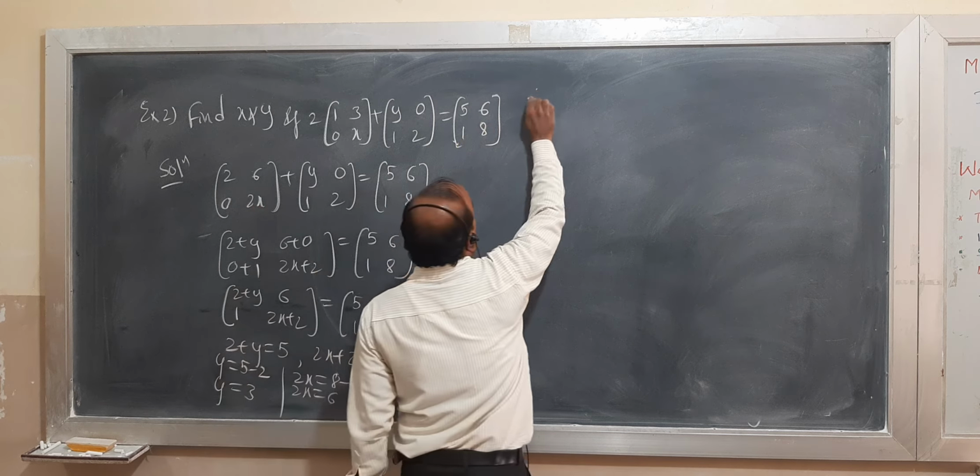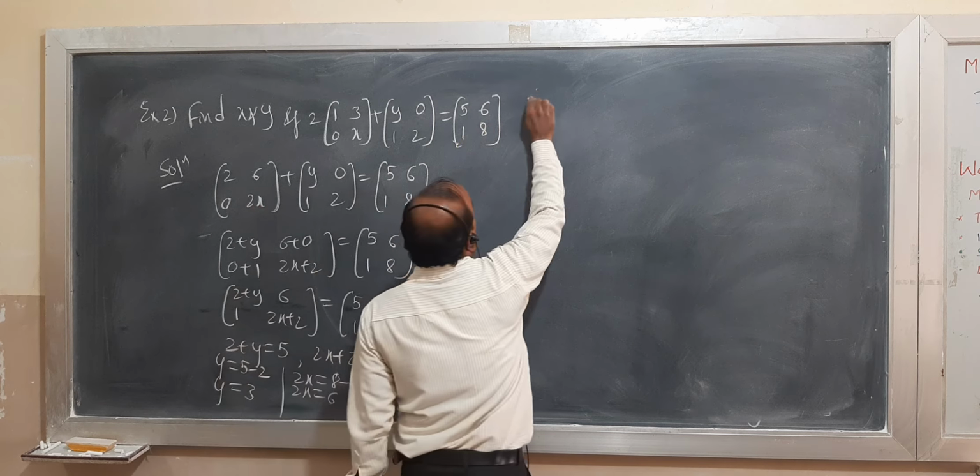Next we go for next example. If x times [2 3] plus y times [minus 1 1] equals [10 5]. Now, in this equation, we first make the scalar multiplication, then we make equality of the two matrices. First, you multiply x with this matrix, that is x into 2 is 2x, x into 3 is 3x, plus this multiplied with y, y into minus 1 is minus y, y into 1 is y, equal to [10 5] as it is.